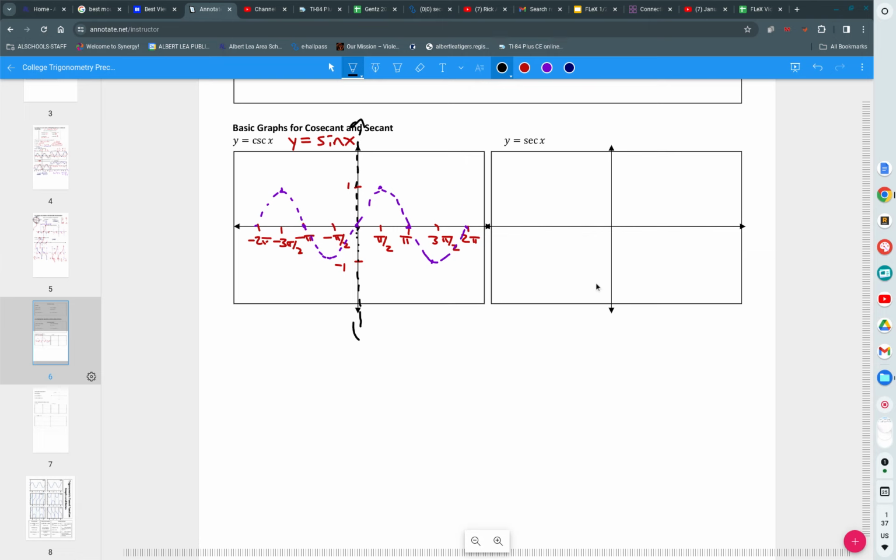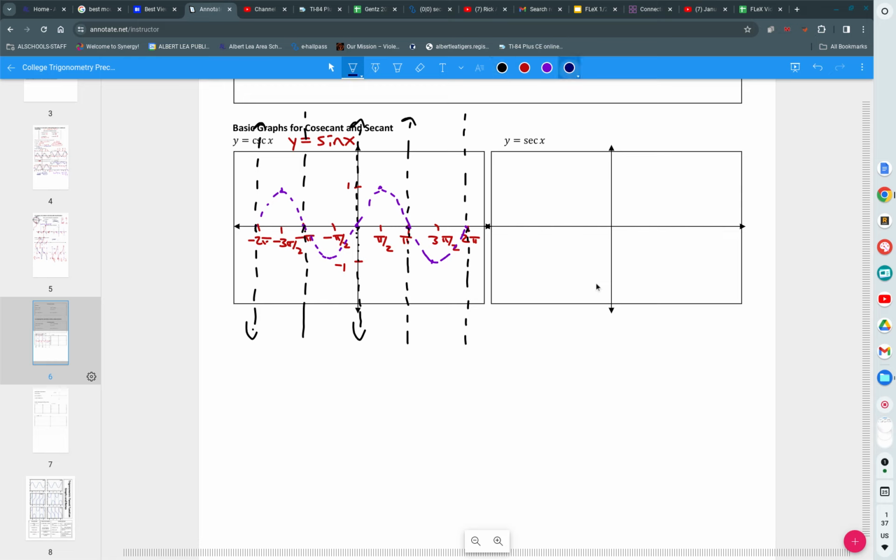In fact, everywhere where the graph is equal to 0, I will draw vertical asymptotes. Still not the graph of cosecant, but really gives me a good idea what it's going to look like.